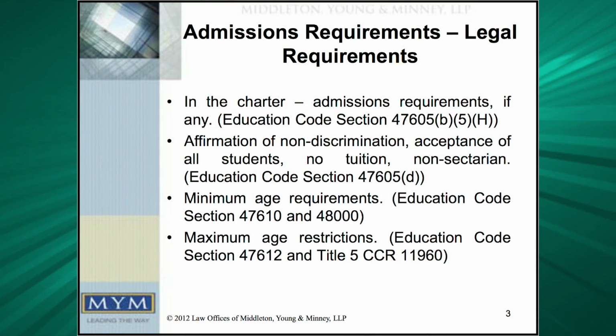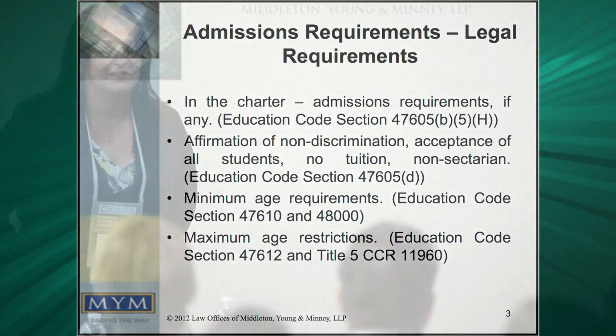What is satisfactory progress? Our regulations actually define satisfactory progress in a fairly complicated way. It means uninterrupted progress. So basically, it's a comparison to the comprehensive high school in the district in which you are authorized.